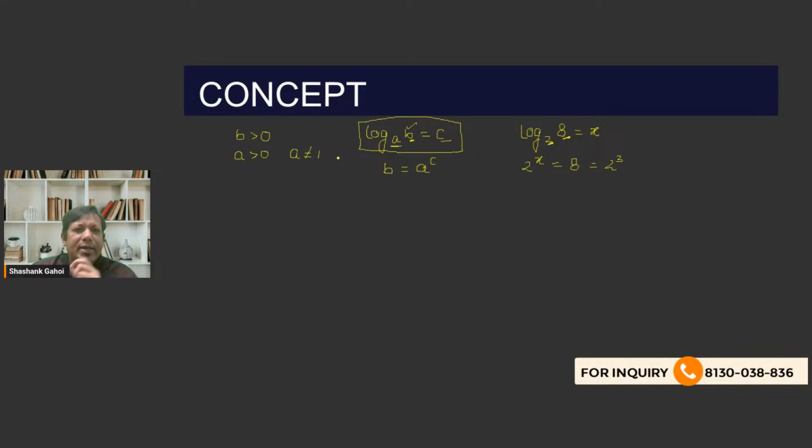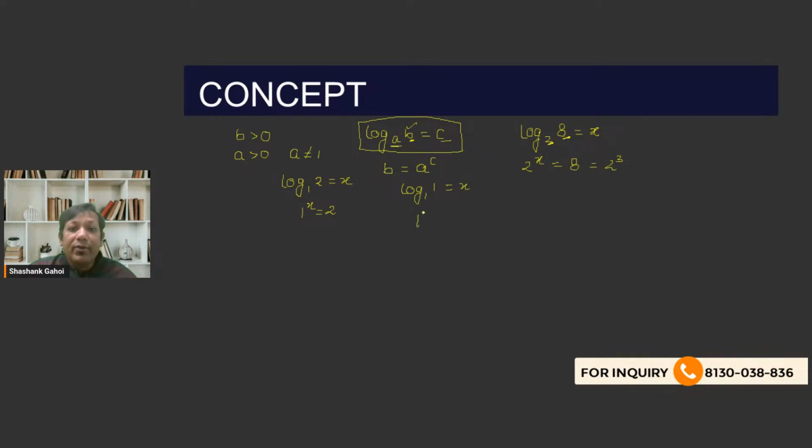Now let us understand with a very basic concept. For example, if I'm putting log base 1 of 2 and let's say that is equal to x, so 1 power x equal to 2. Which power am I going to give to 1 so that I'm going to get 2? That's not defined. That's the reason base can never be equal to 1. You might think, what if base is 1 and b is also 1, and let's say that is equal to x?